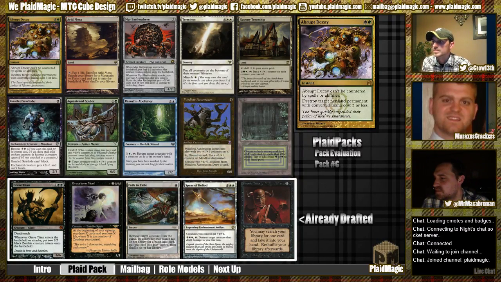So working into some sort of black-white control-ish build here. In the next pack that's passed to us, our picks are Abrupt Decay, Arid Mesa, Mirror Battlesphere, Terminus, Gavony Township, Gnarled Scarhide, Aquastrand Spider, Razorfin Abolisher, Mindless Automaton, and Bayou.